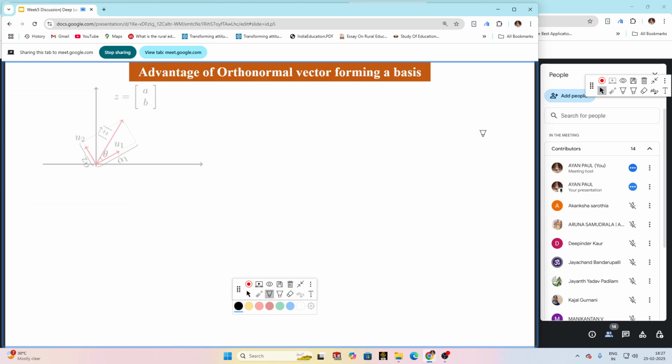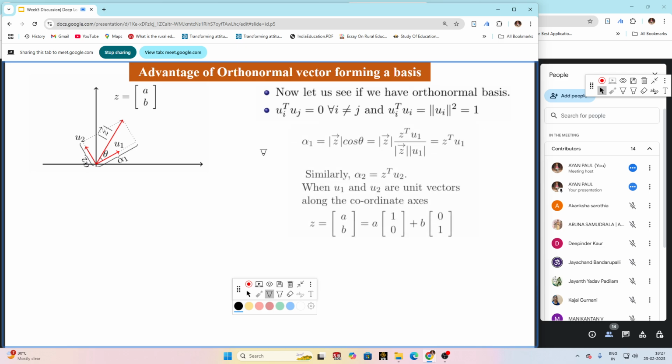Why? You can see here z is a point, (a, b), and first we need to project it on two axes, u1 and u2. Now u1 and u2 form an orthonormal basis, that is u1 transpose u2, and u2 transpose u1 will be equal to 0.